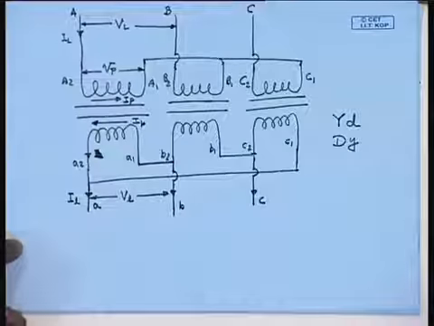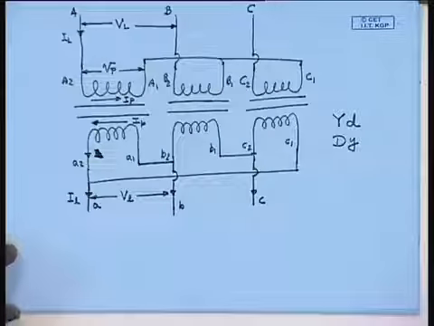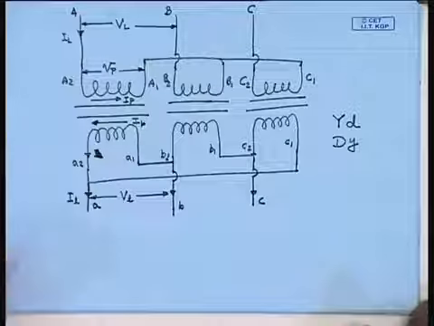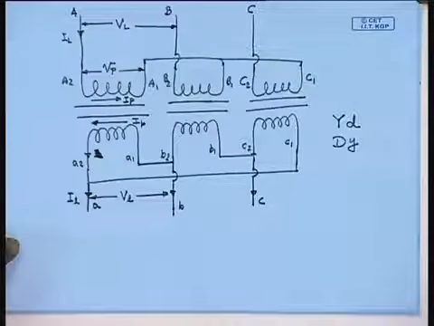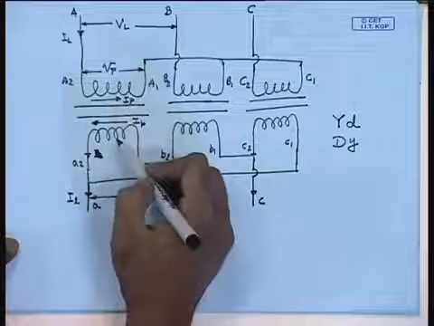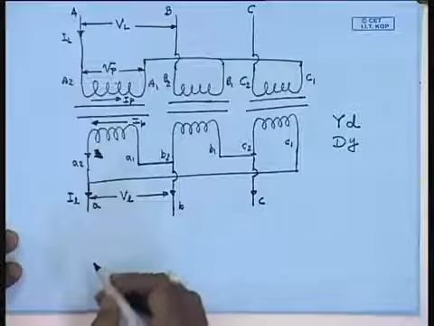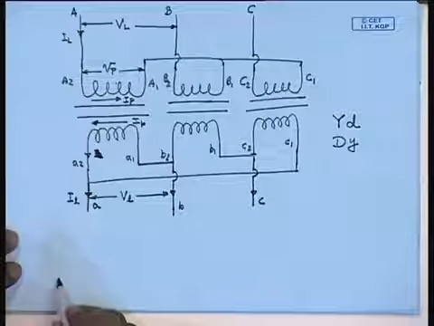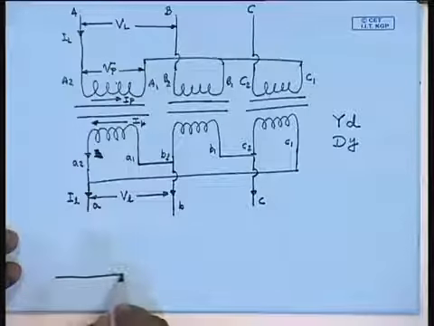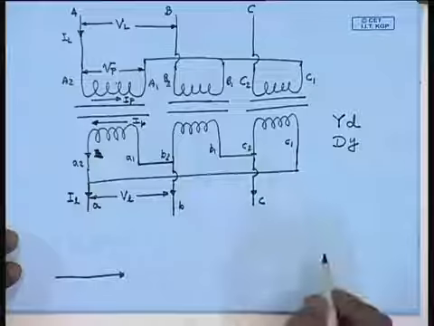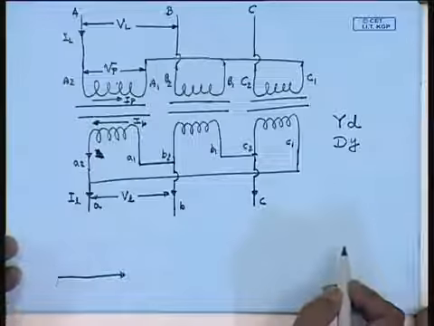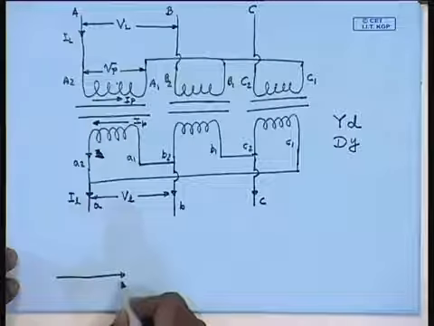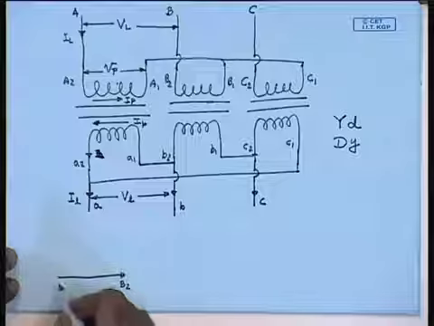Now, let us first try to look at the phasor diagram, the voltage phasor diagram first. Since the basic transformer relation must hold, so this is the phasor, let us say, B2 B1, that is this is the terminal B2, this is B1.